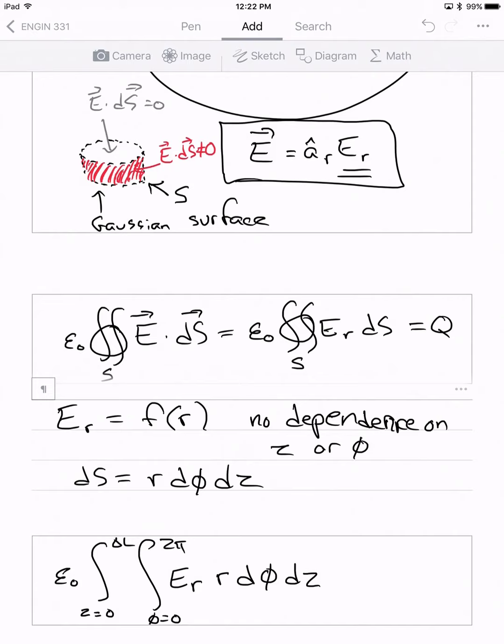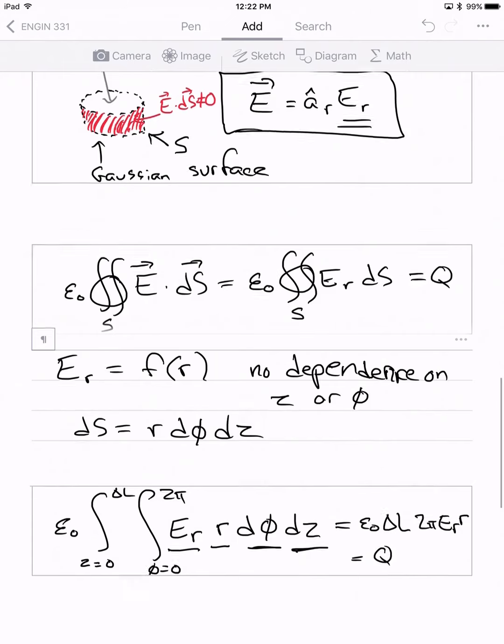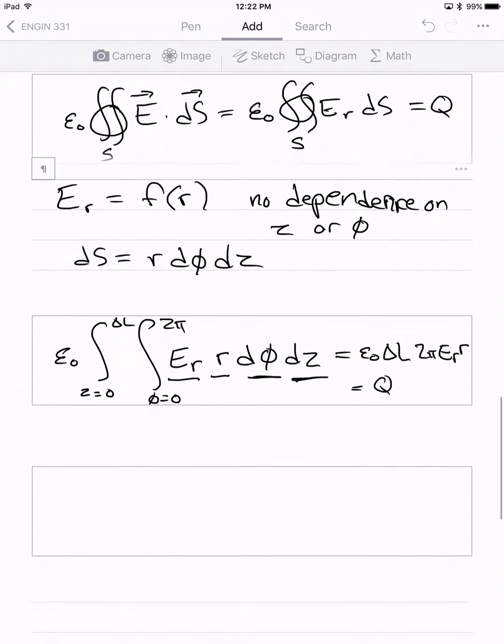Now, since E sub r is a function of r, and r is obviously also a function of r, neither of them depends on varying phi or varying z. So when we do this integral, we end up with epsilon naught delta L 2 pi E sub r times r is equal to the enclosed charge. Ran out of space a little bit there.